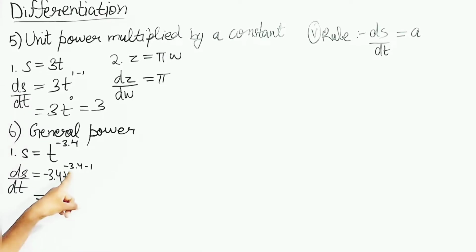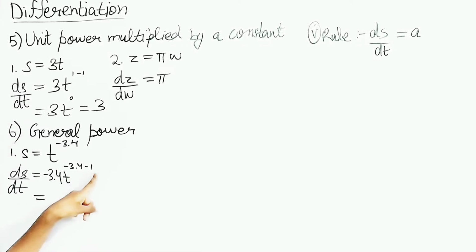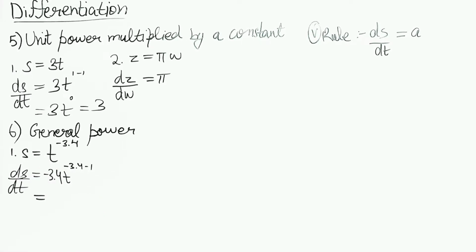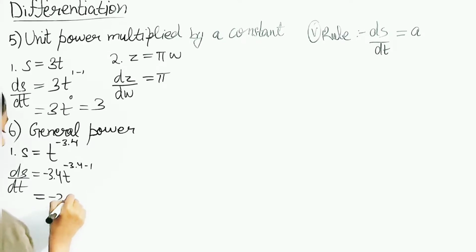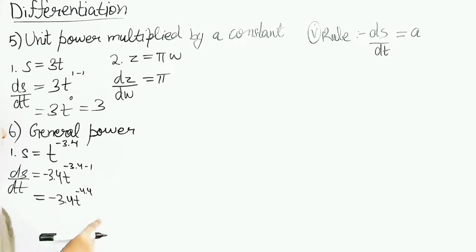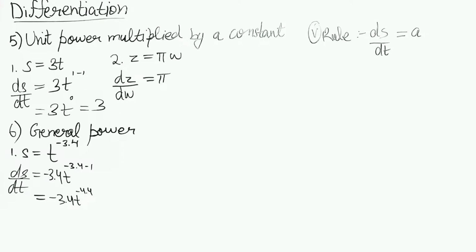Negative 3.4 minus 1 is negative 4.4. So we get negative 3.4 t to the power negative 4.4. Is this the final answer? Of course, yes.